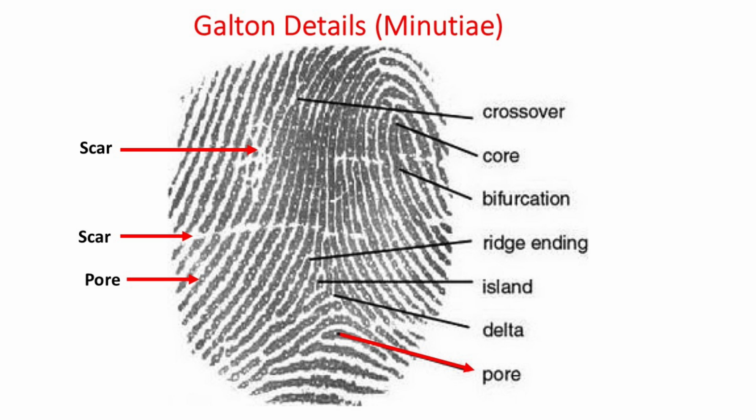Then you have the ridge edges. The edges of the ridges are always unique in every individual. And lastly, you may have something like a scar. Look at this one now. You can see some scar: something that looks like a white line across the ridges is a scar.